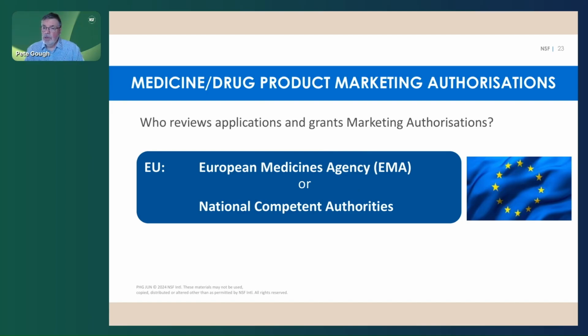In the EU, as I said, there is a subset of products that you have to apply centrally to the European Medicines Agency, but for the vast majority of products, you apply to national competent authorities for a license. And there are various mechanisms for a license issued in one country to be recognized by other countries.